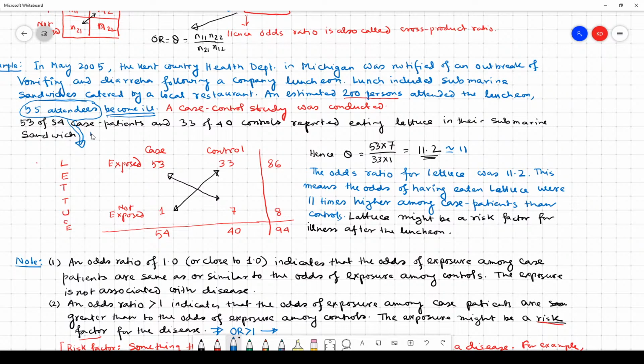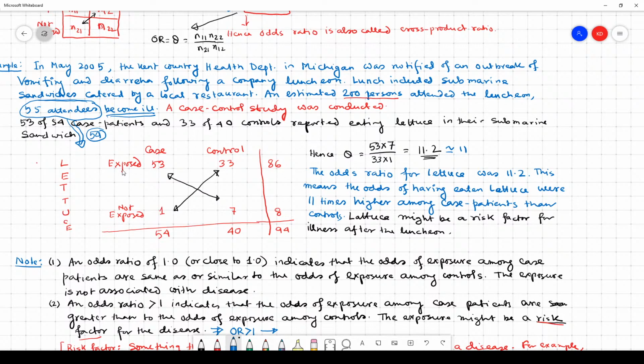So we have 54 case patients who we know are ill after taking lunch, that is, taking a submarine sandwich.